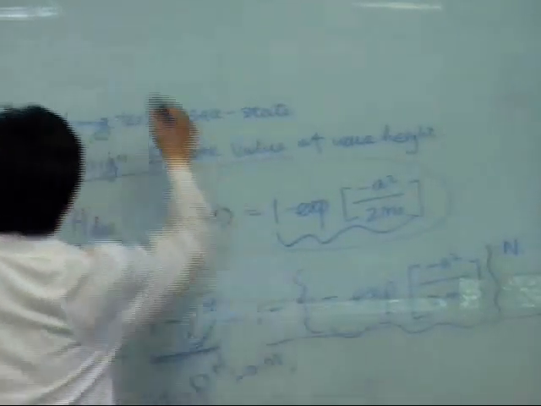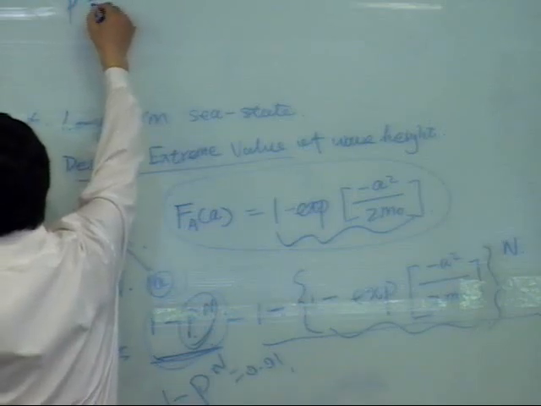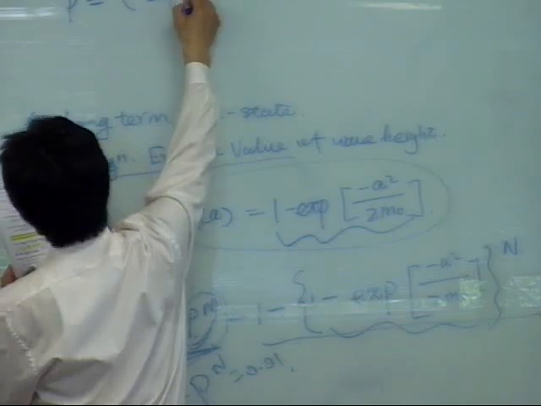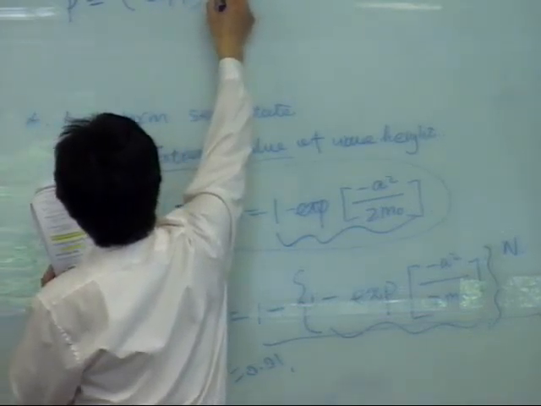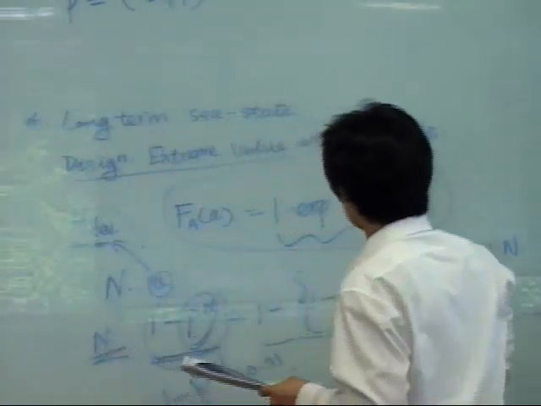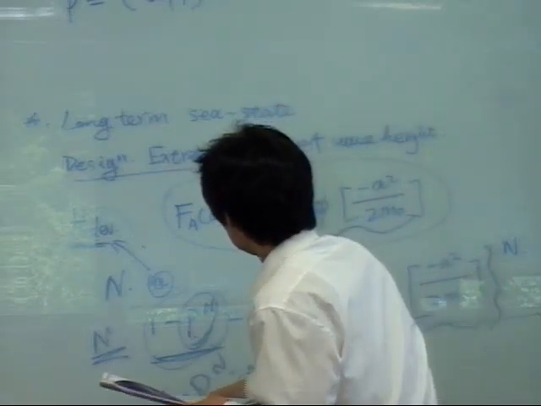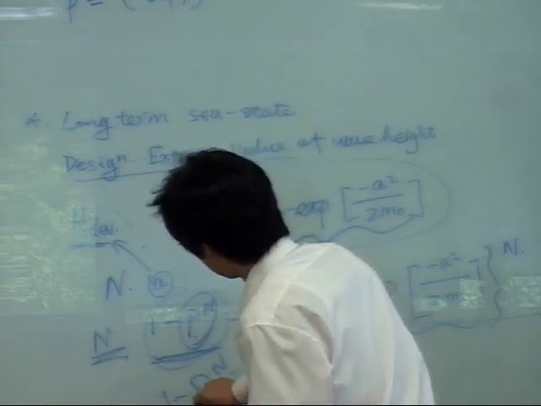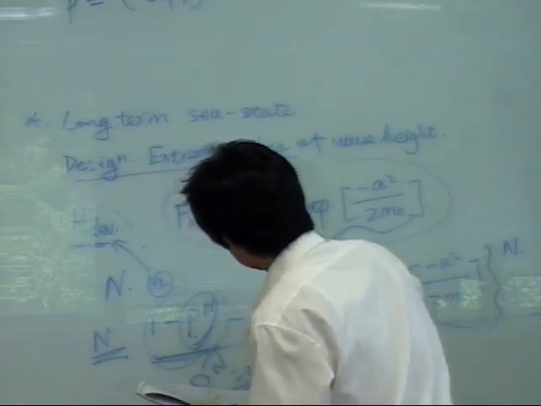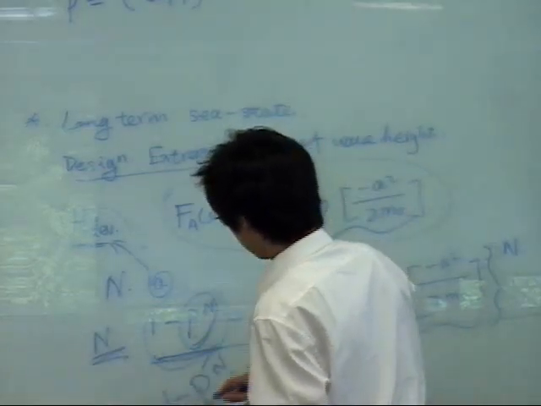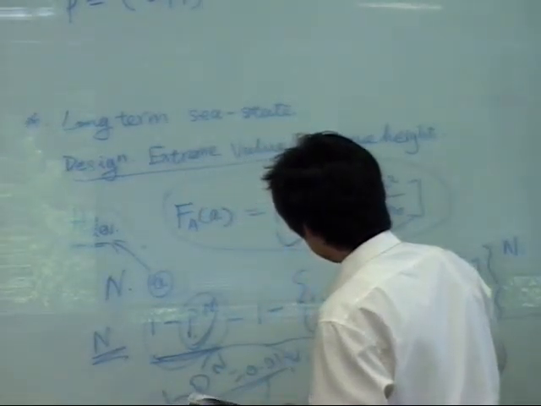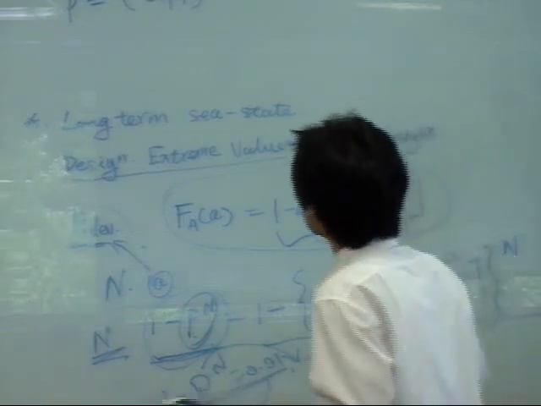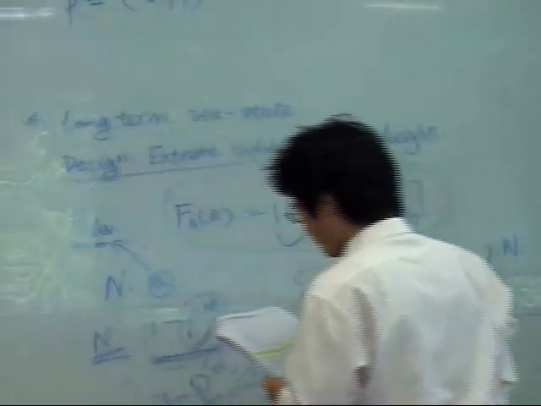Then if we do the math here, P is equal to 0.99 to the 1 over n, right? This thing equals to 0.01. If we move this to this side and this to this side, that's 0.99 equals P to the nth power, and then P equals to this thing.